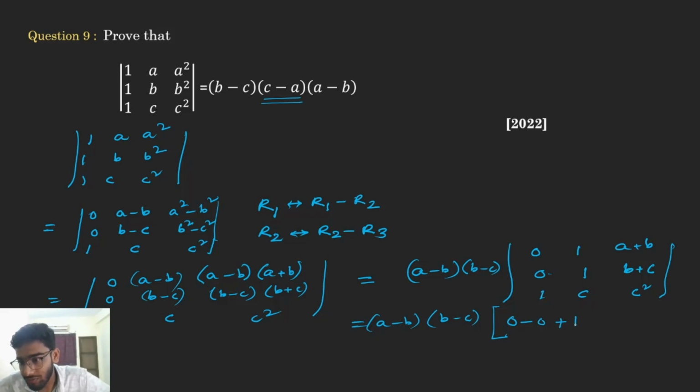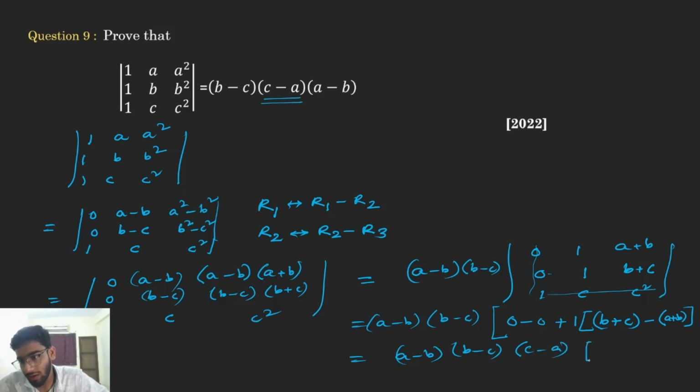For 1, if you remove the corresponding row and column, you get B plus C, 1 into B plus C minus 1 into A plus B. So it is A minus B into B minus C, and here it is clearly C minus A, hence proved.